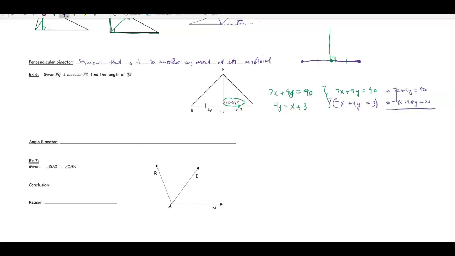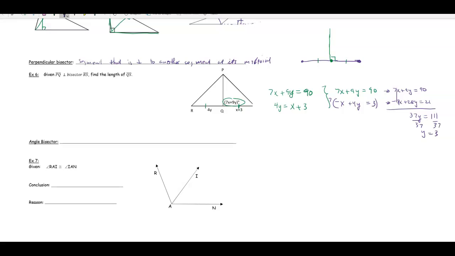Now the x's eliminate. So 9y plus 28y is 37y equals 90 plus 21 is 111, sorry. And now when I divide that by 37, I get y is equal to 3.